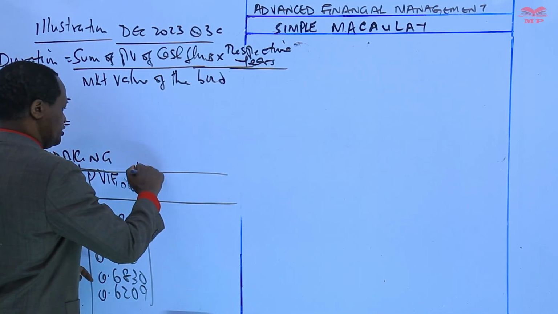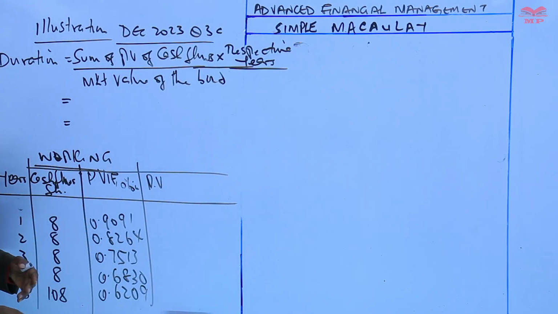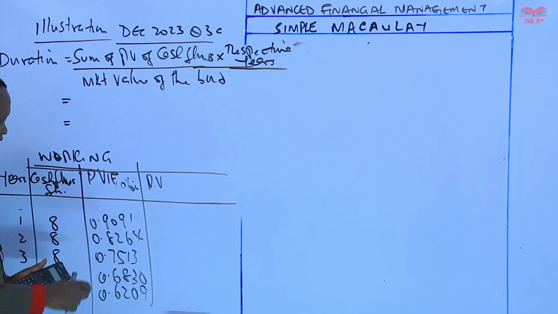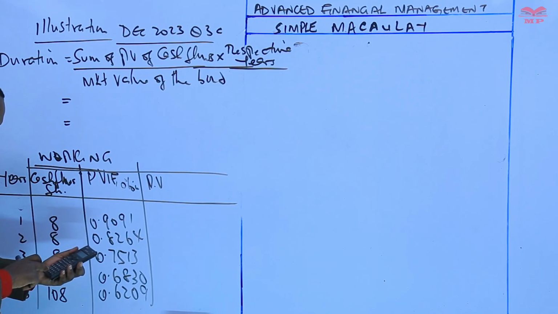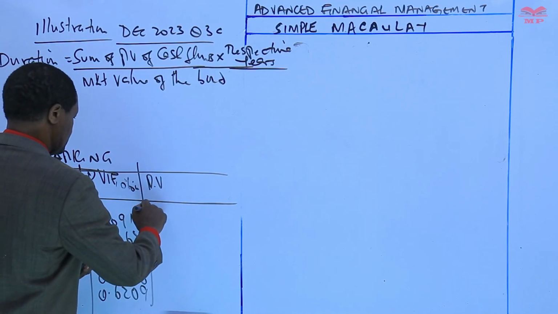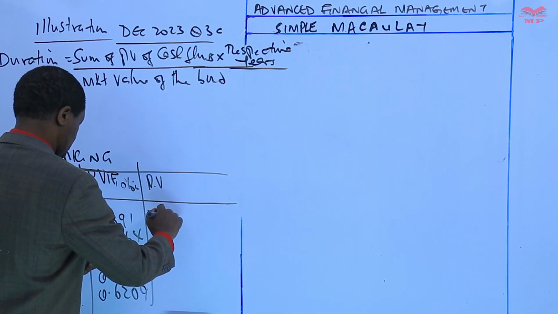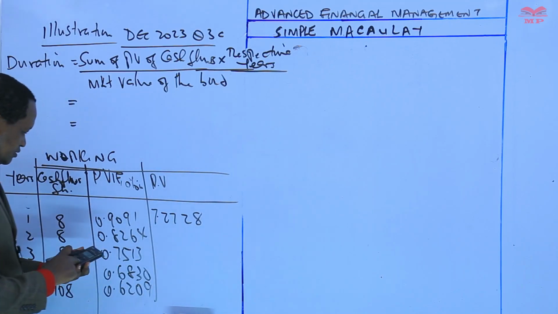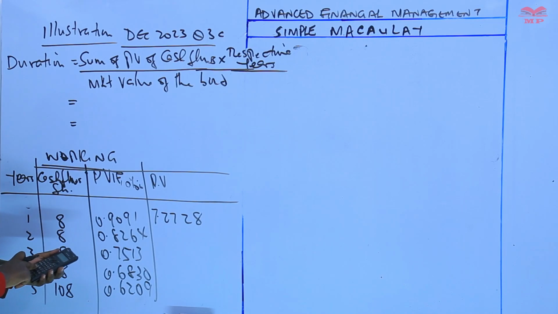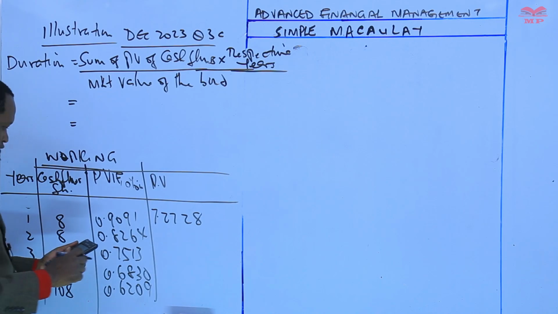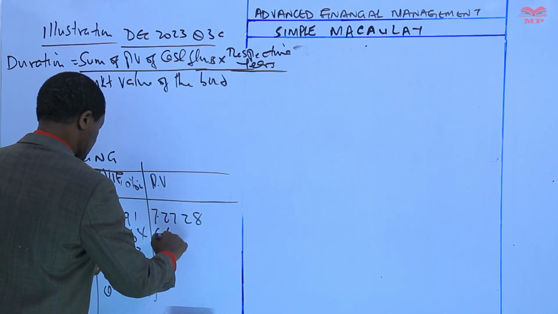So we have a table here for the present value. This is called discounting. We discount these cash flows. So we are going to take 8 multiplied by 0.9091, which is 7.2728. Next, 8 times 0.8264, which is 6.6112.